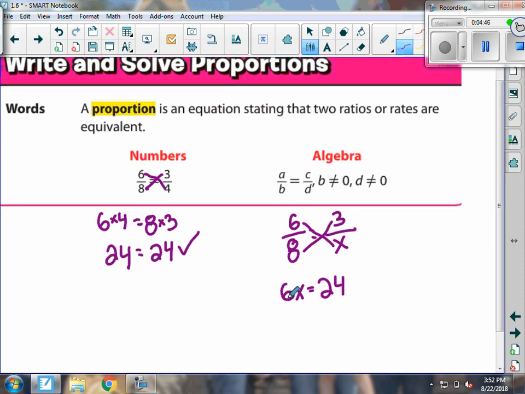You do the opposite of what's happening. So this is multiplication. So the opposite of multiplication is division. So we divide both sides by 6, and we're left with x is equal to 4, which we know from up here that that's correct. So we can find out missing numbers when we're able to cross-multiply our proportions.